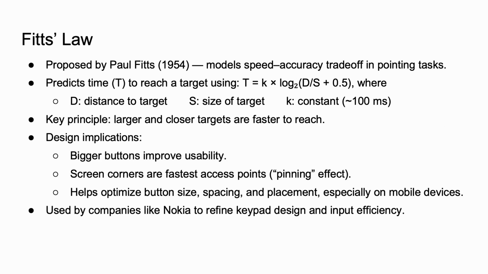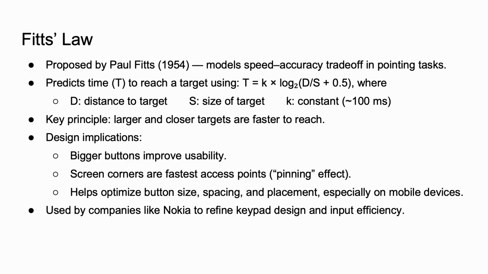Finally, Fitts' law is one of the foundational models in interaction design, predicting how long it takes a user to move a pointer or finger to a target. It shows that the movement time depends on two things: how far the target is and how big it is. Simply put, larger and closer targets are faster and easier to reach.